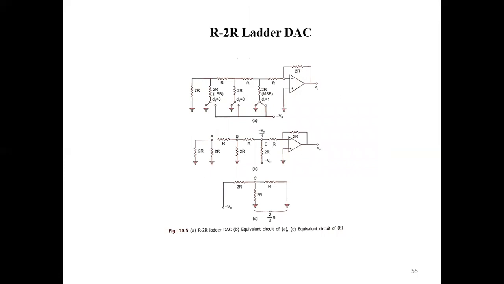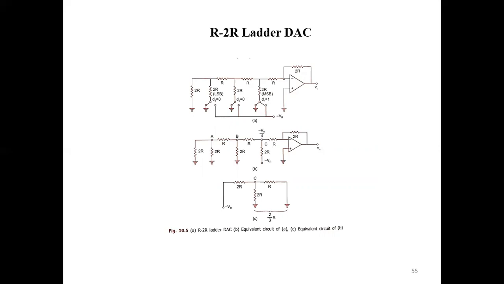In the R2R DAC, we use a similar circuit, but the resistance values vary. Here we use only two resistance values, R and 2R, in the resistance network. For example, if you use 5 kilo, then 5 kilo and 10 kilo will be used in the whole circuit.